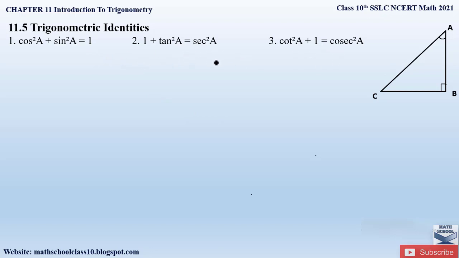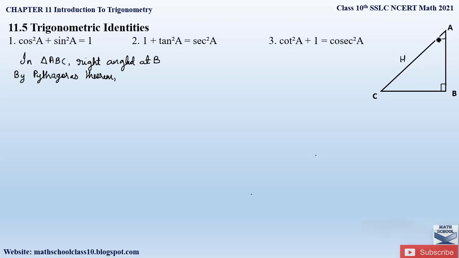To prove these trigonometric identities, we are considering a right angle triangle and we are going to apply Pythagoras theorem here. So write down, in triangle ABC right angled at B, applying the Pythagoras theorem, our hypotenuse is AC.